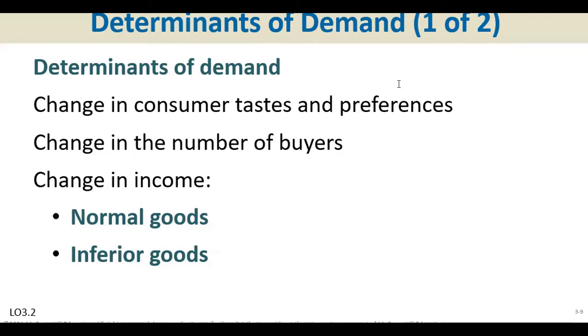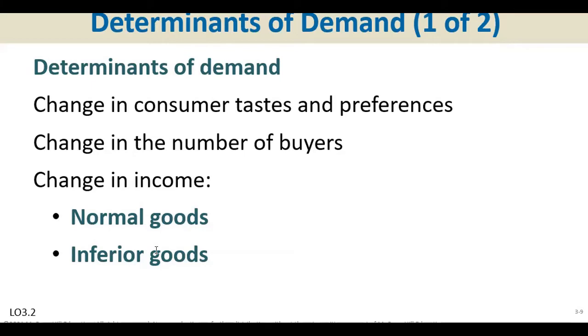The change in income as well. The more money you get, you tend to purchase more because you increase your flexibility on the income side. Here, regarding the change in income, normal goods are the goods that we usually purchase, and if your income increases, you tend to purchase more of a normal good. But inferior goods are the goods that we purchase less of when our income increases.